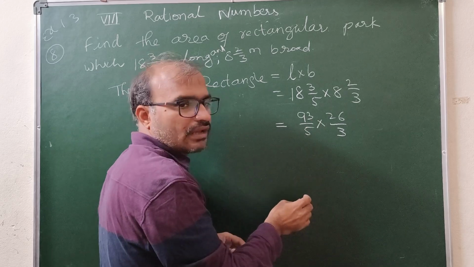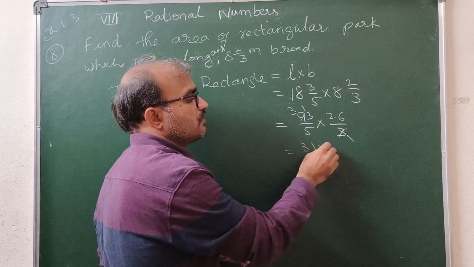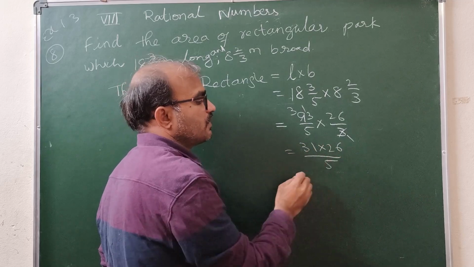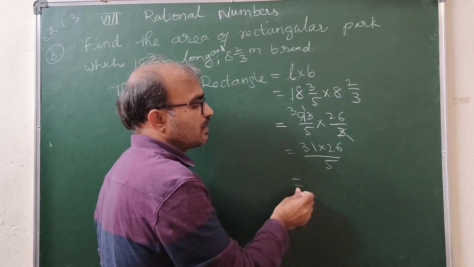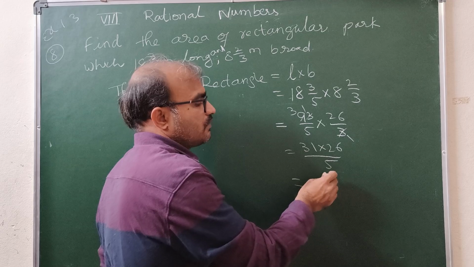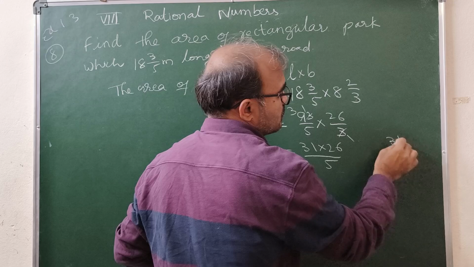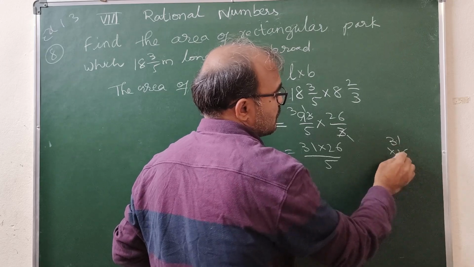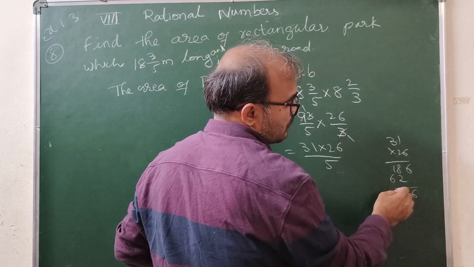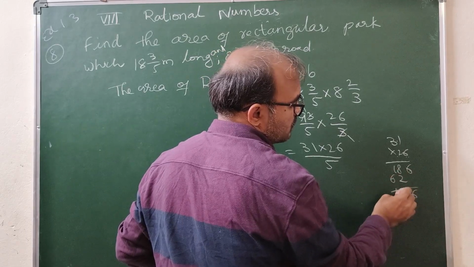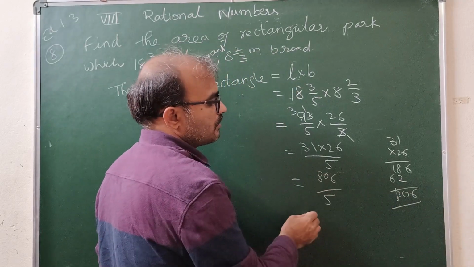Now 3 and 93 have a common factor: 3 ones are 3, 3 thirty-ones are 93. So it is 31 into 26 by 5. You multiply these two and we have to divide later by 5. 31 into 26: 6 ones are 6, 6 threes are 18, 2 ones are 2, 2 threes are 6. So 806 by 5.